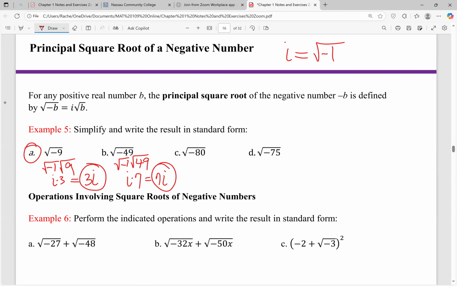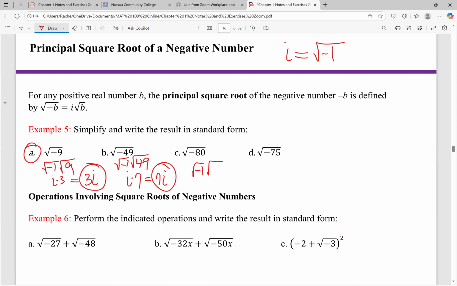What about C, the square root of negative 80? 80 is not a perfect square, but let's use our radical rules like we were using in chapter P. Let's factor the 80. What's the largest perfect square that's a factor of 80? And we still have to factor out the negative 1. So I'm going to get the square root of negative 1 times the square root of, how are we going to factor 80?